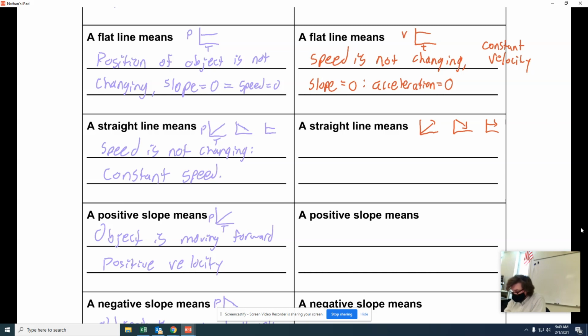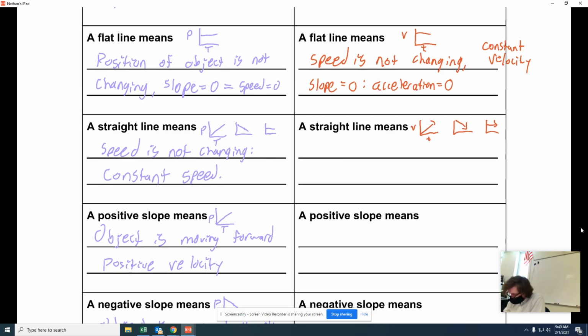But as long as these are velocity versus time graphs, this means, again, our slope is not changing. So if the slope is not changing, that means that our acceleration is not changing. So our object is moving with a constant acceleration.